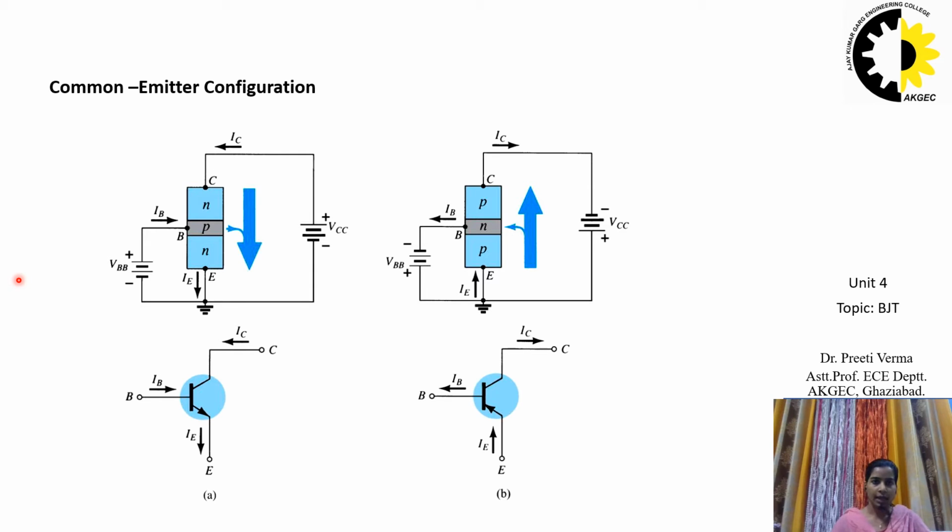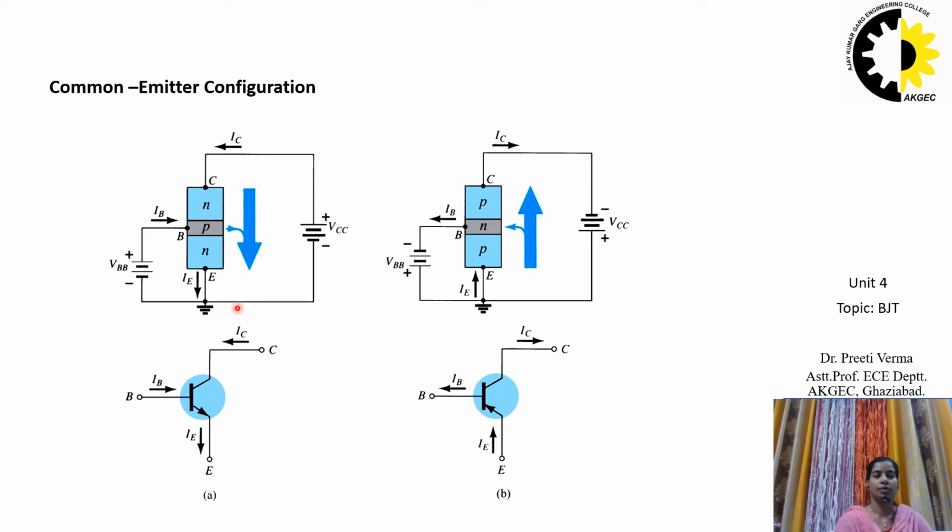If we take the emitter as the common terminal, then the remaining two terminals will be base and collector. So we need to place the bipolar junction transistor and the batteries in such a way that the emitter terminal is common between the other two terminals.